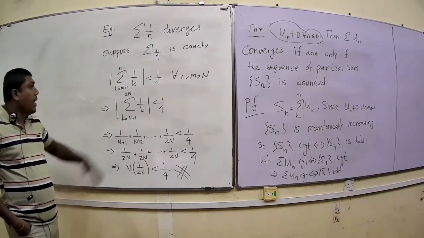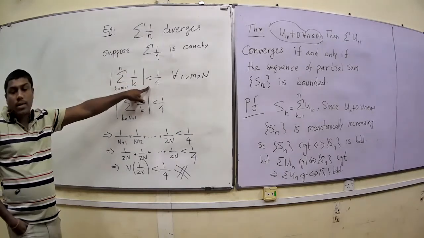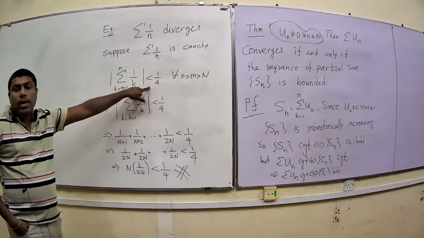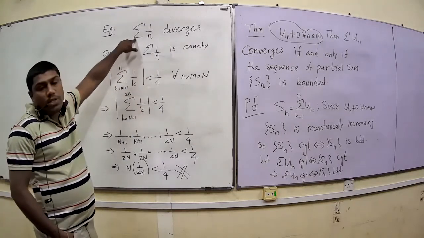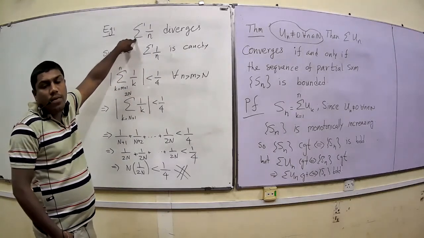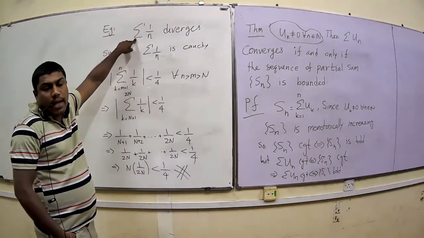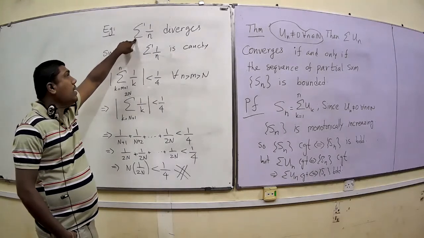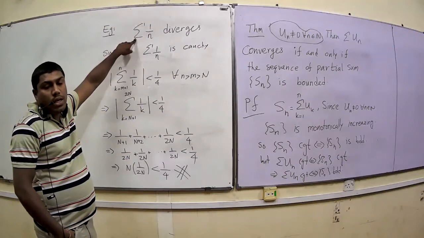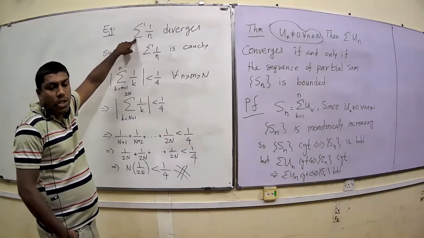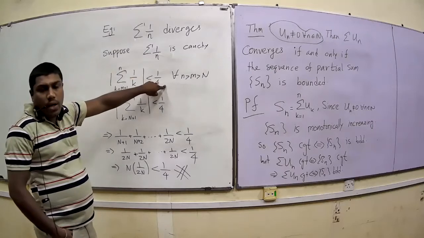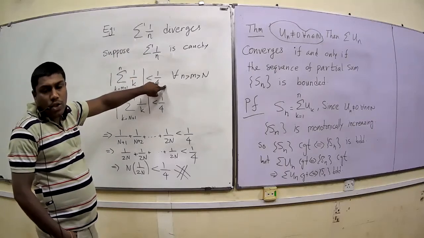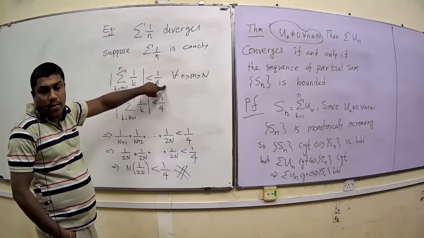And the other question was why I gave 1/4. Because I want to get a contradiction here. I want to show this one is divergent, so I need to show that it is not Cauchy. To show it is not Cauchy, I assume this is less than epsilon and get a contradiction. So I can choose epsilon as anything.